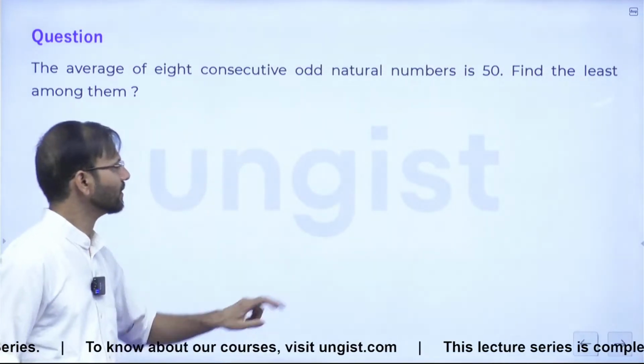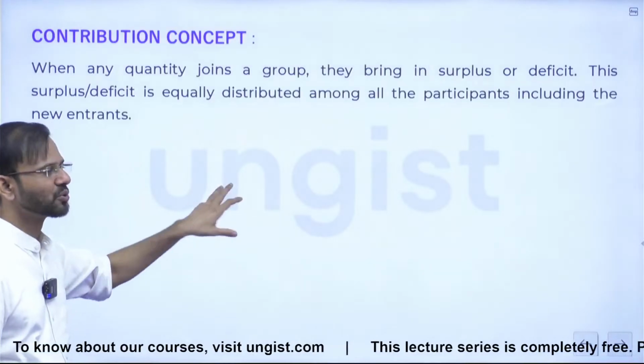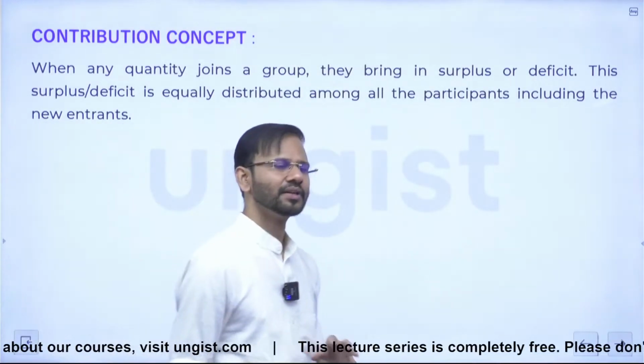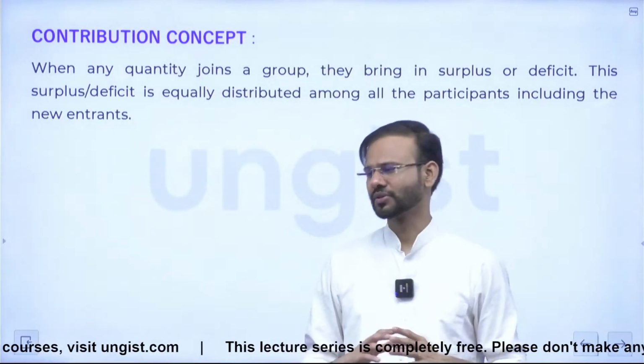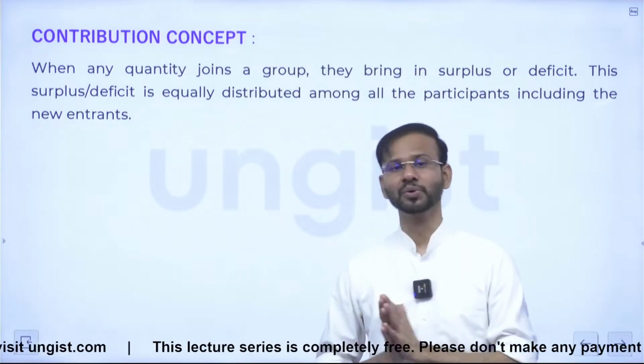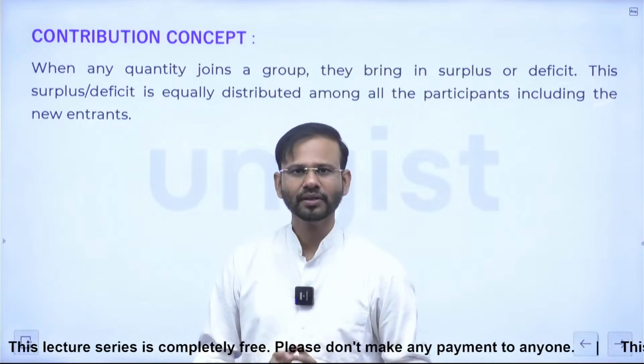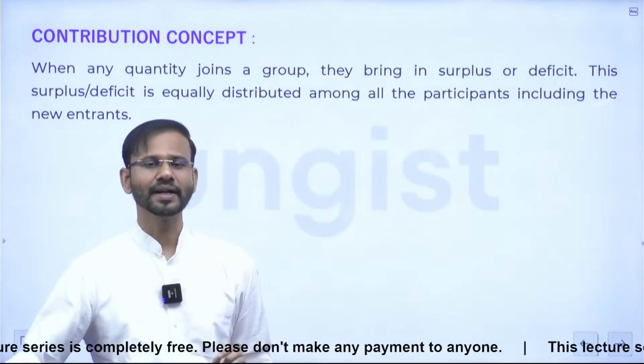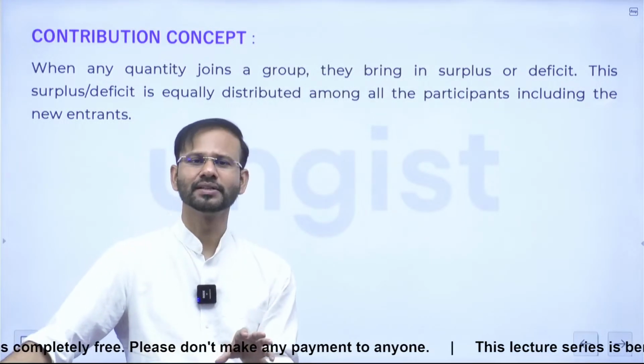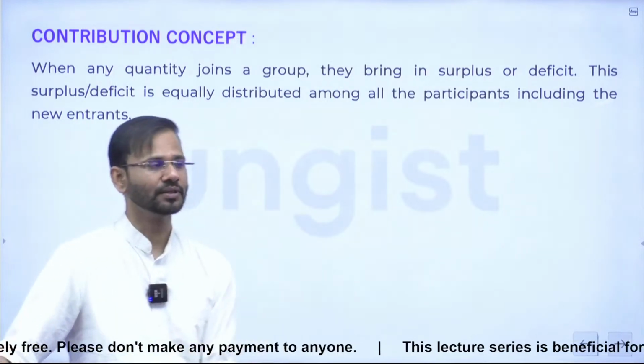So guys, this is the contribution concept that we are going to study today, and all the questions will be based on this contribution concept only, and the questions will be solved with the help of thinking only. We won't be using any formula, right? And I'll be telling you some specific questions where the formula is actually needed.